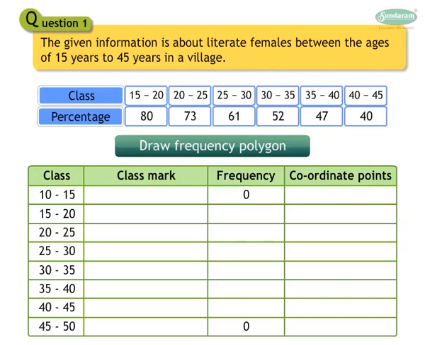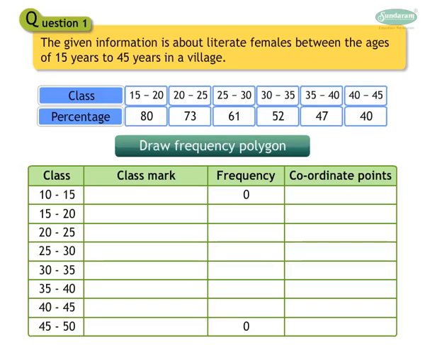So students, remember, here class interval begins with 15 to 20. But in frequency polygon, we shall consider a class interval before 20, that is 10 to 15, as our first class interval. Even at the end, we will consider one more class interval, that is 45 to 50. Our first column is ready with class intervals.